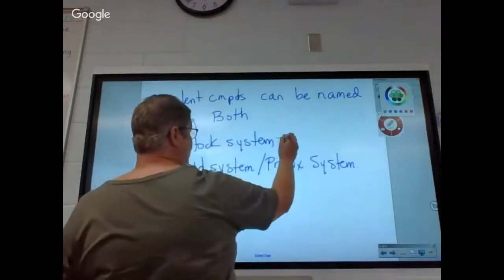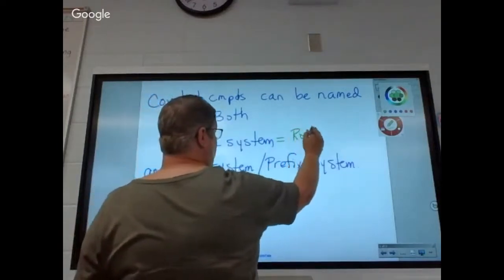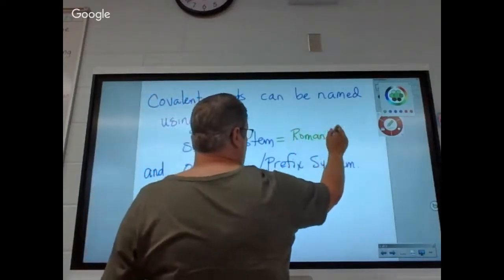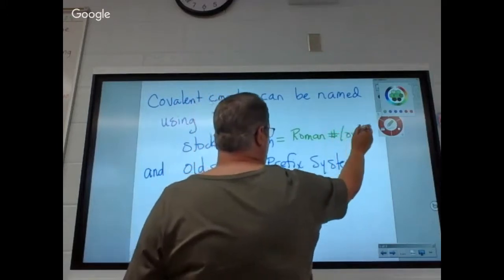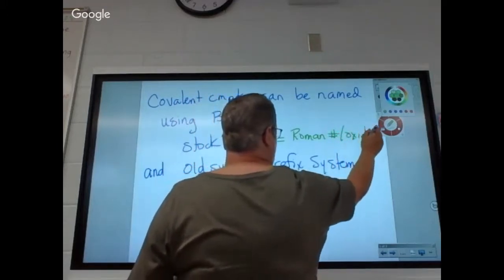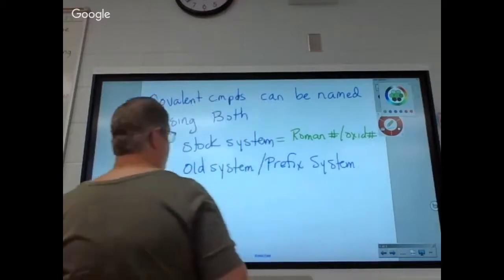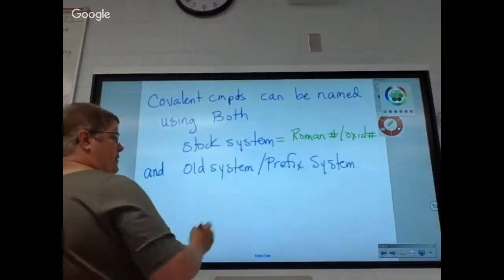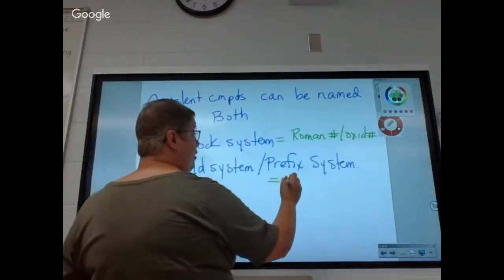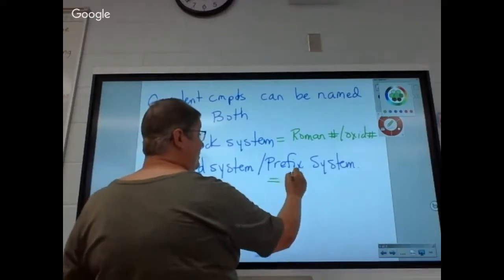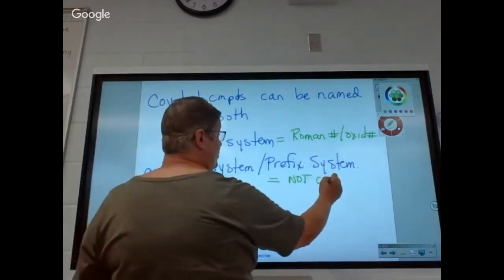Stock system again is your Roman numerals and your oxidation numbers. Your old system or your prefixes will not crisscross.